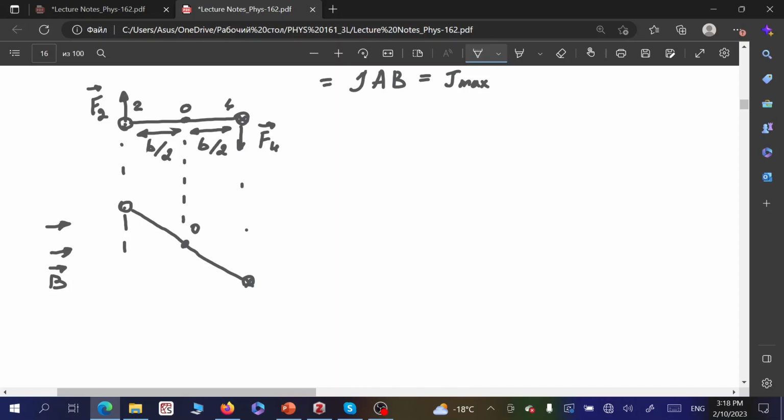So now we will have, let me put this O here, and here will be some vector, which we call A vector. This is a vector which has the magnitude of the area of the current loop, so it's A times B. And its orientation is defined by the right hand rule.